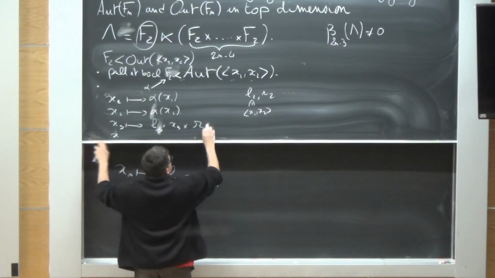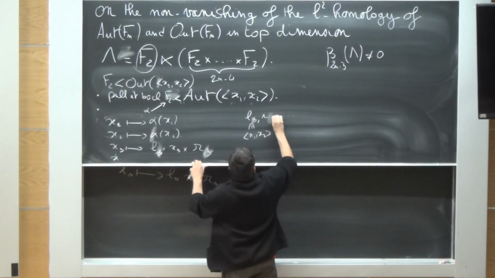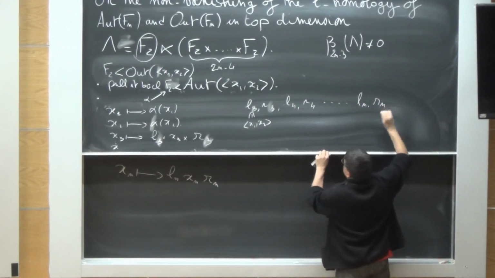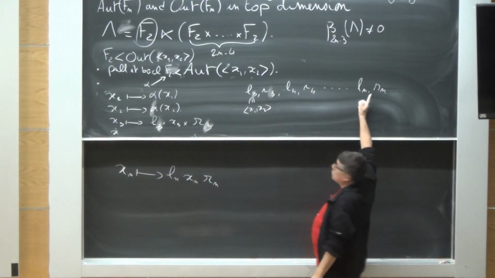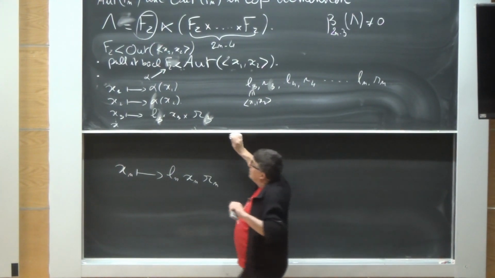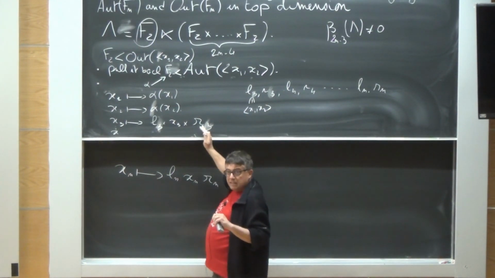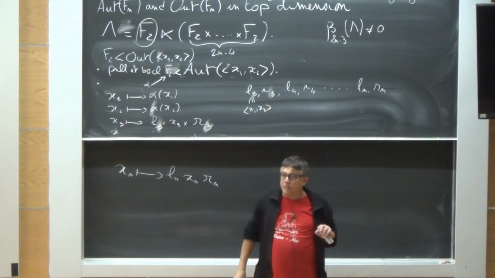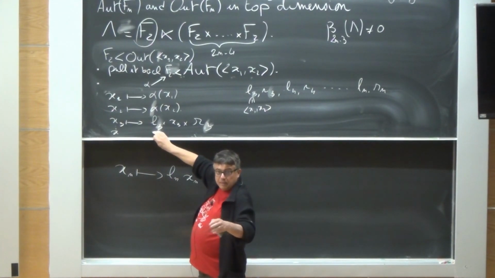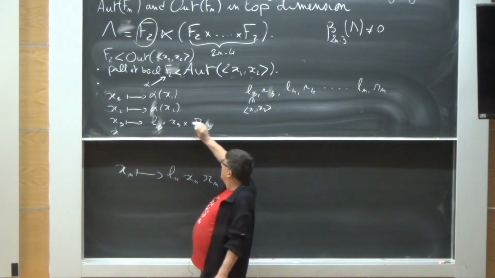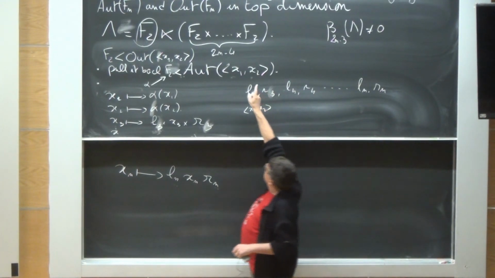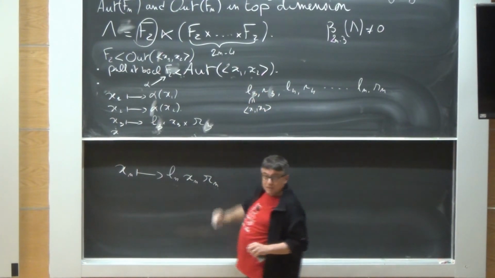L3, r3 again. L3, r3, l4, r4, and so on, l_n, r_n. So all these elements belong to the free group generated by the first two generators. You multiply on the left, respectively on the right. They are used as generators. And so you see you have a copy of F2 acting by left multiplication, right multiplication, and so on. And these copies commute. This gives the direct product of the F2s.